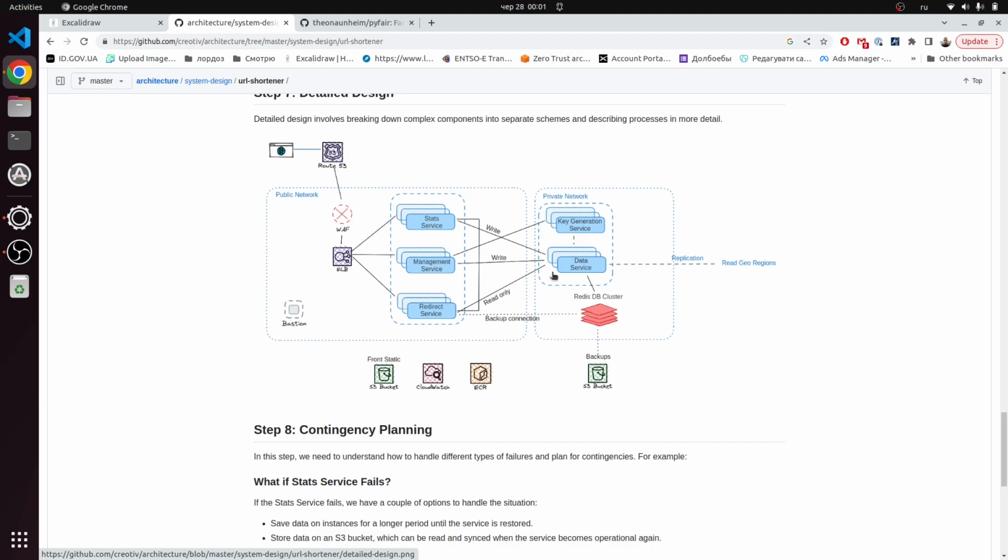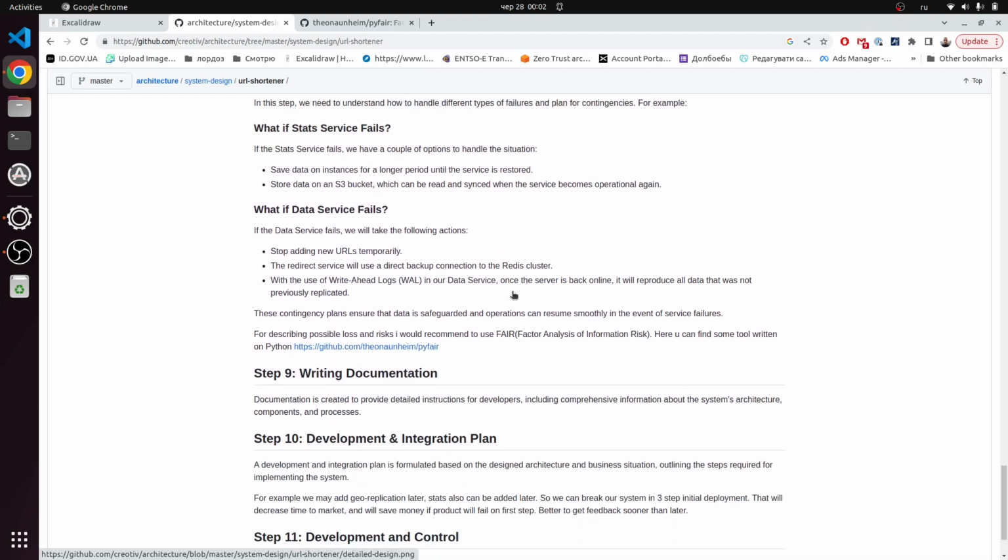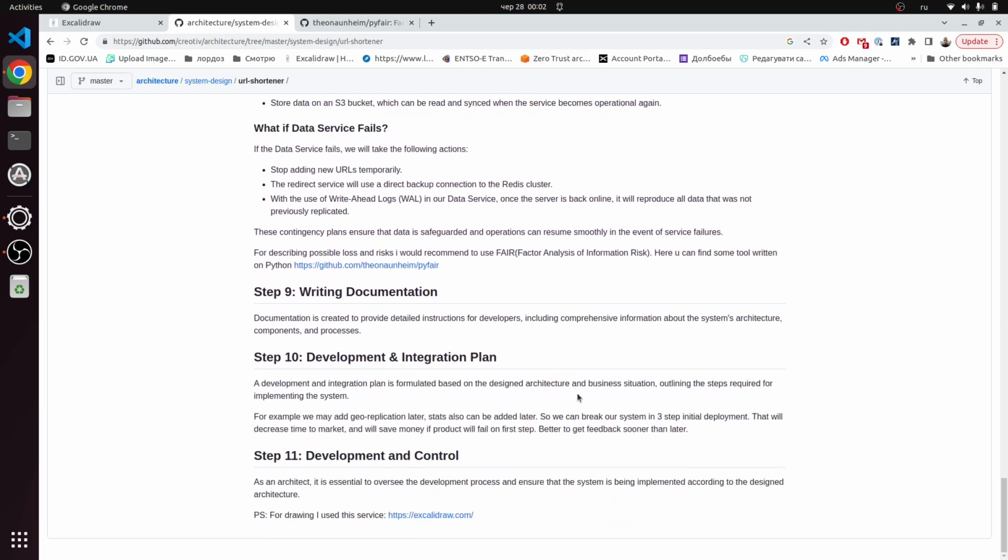The second part, geo regions. From the start of the service, we may not need them, because we don't have so many users to cover all that. For example, statistics of the service can be added much later, because it's also not the main functionality of our solution. So basically we can deploy this solution in 3 steps.